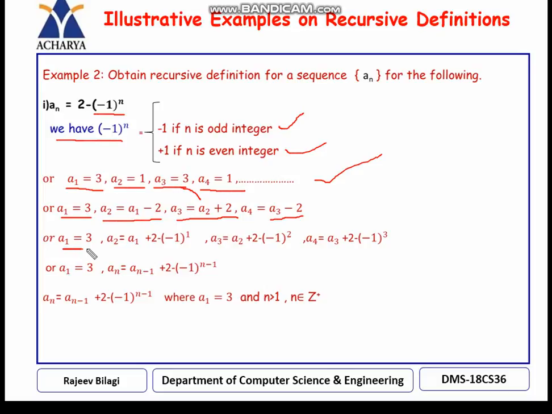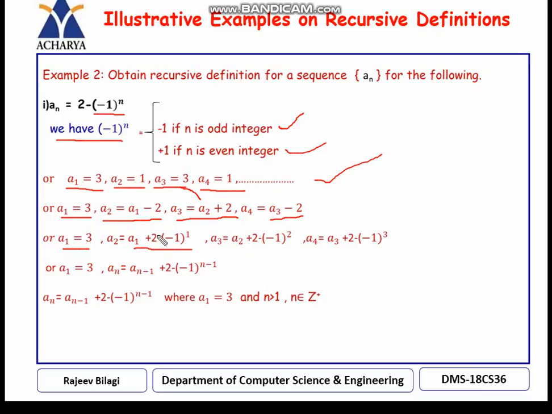Or, with a1 equal to 3, I can write a2 is equal to a1 plus 2 into minus 1 to the power of 1. This will be minus 1, so minus 1 into 2 plus 3.